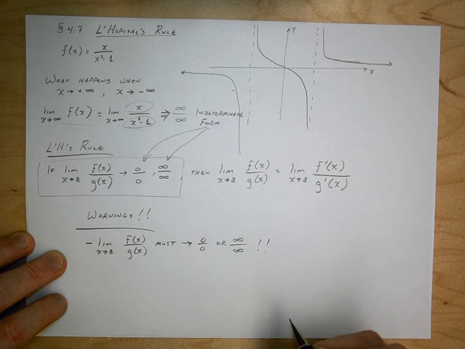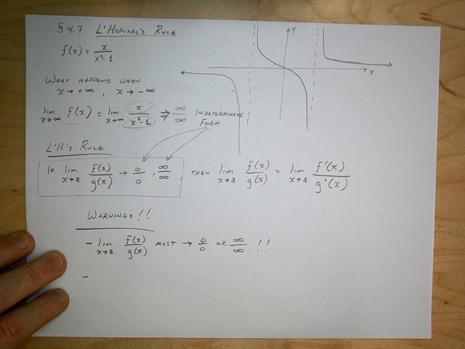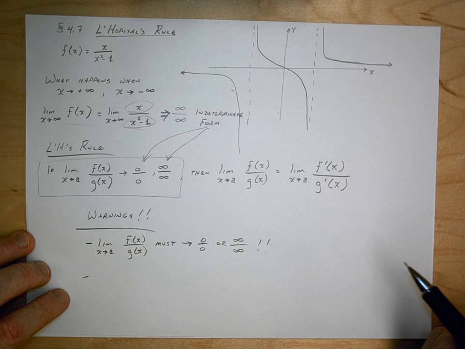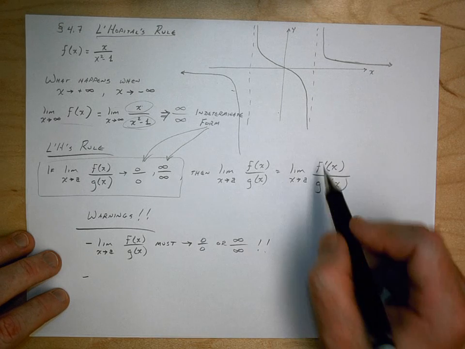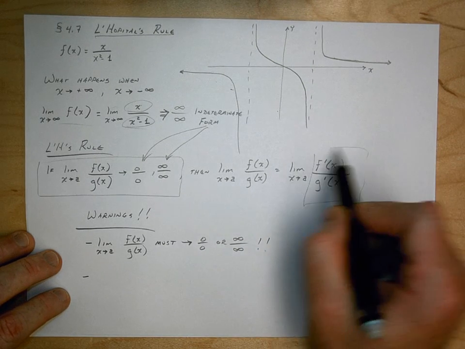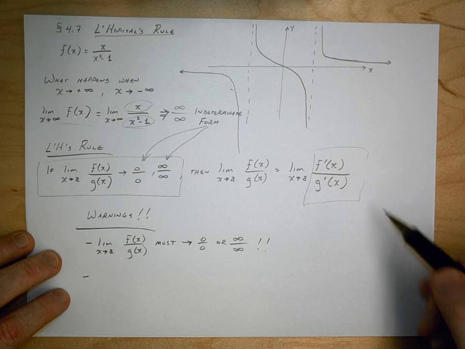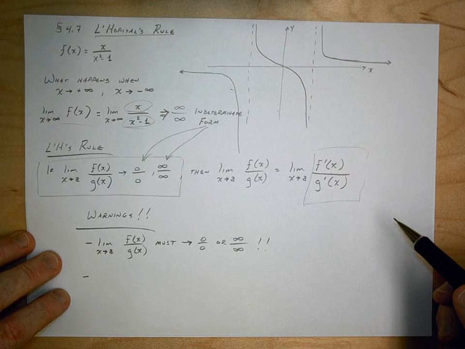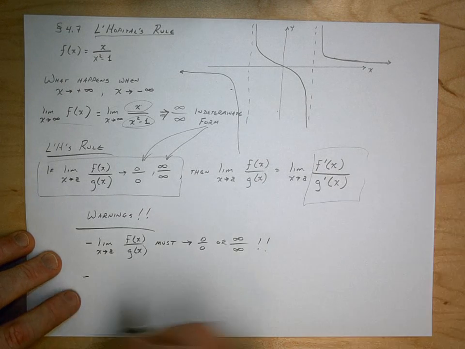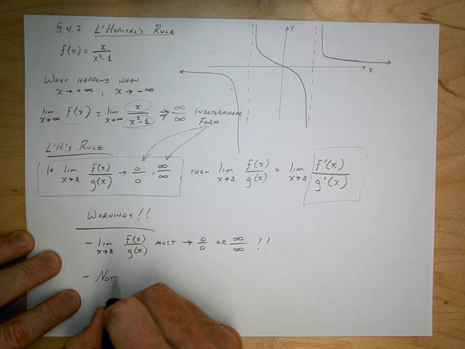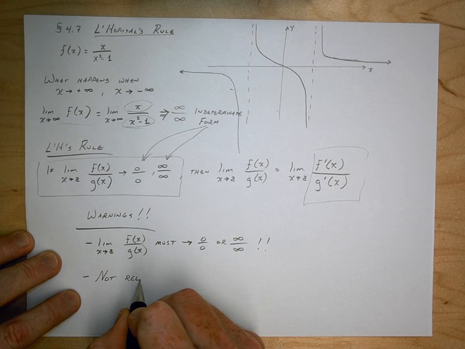Very important. The other thing I want to say about this is, just from a casual glance, if you're not paying attention, there's a real temptation to look at this and say, oh great, that's the way I've wanted to do the quotient rule all along. L'Hopital's rule is not related to the quotient rule.